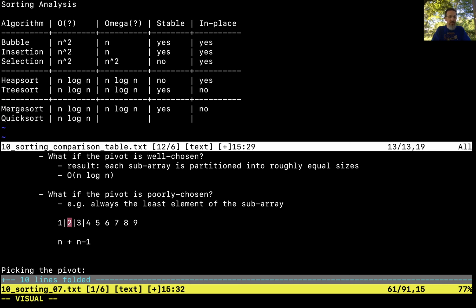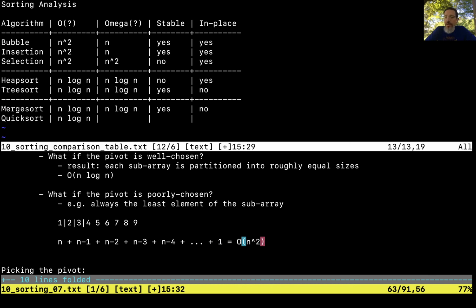What do I mean the second partition? I mean everything that remained after we cut out that first one, plus n minus 2 for this third partition, right? Plus n minus 3 plus n minus 4 plus ... plus 1. And what is the sum of numbers from 1 to n? Well, this is big O of n squared.